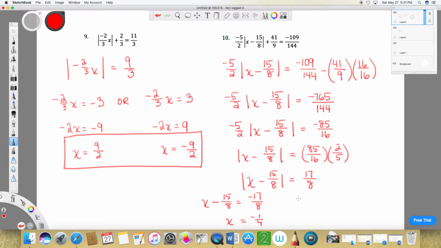And then we have just enough room to get these solutions in. Common denominator of 8, and 15 plus 17 is 32, I think. Yeah, and 32 divided by 8 is 4. So these are the two solutions that I'm getting.